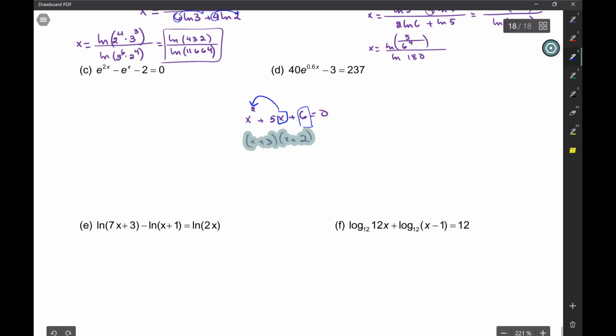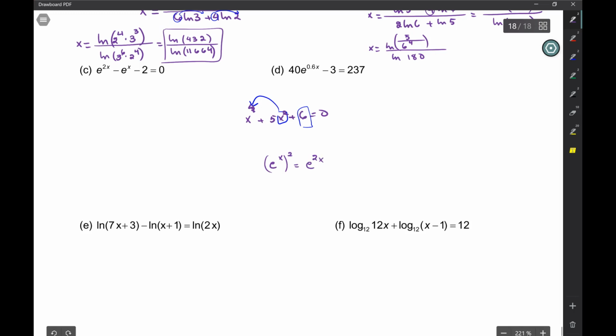So I could have factored in the same form if this was a 4 and this was a 2, right? So basically you need a constant, some variable, and the square of the variable. So here's e to the x. What's e to the x squared? E to the 2x. So now, look here.